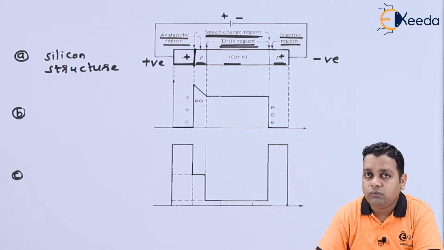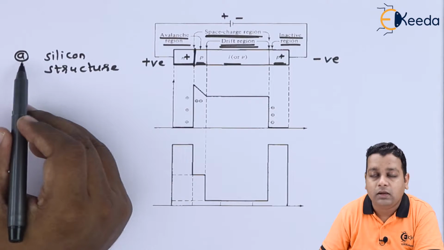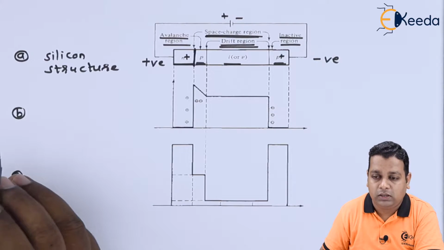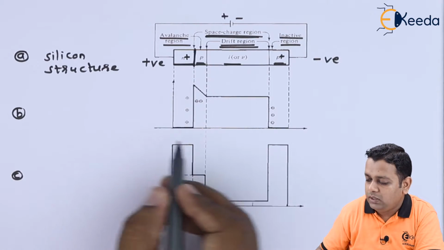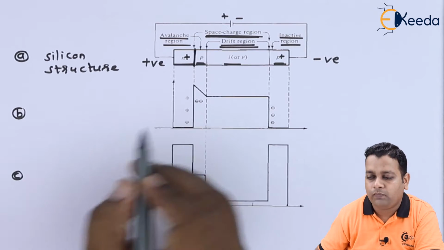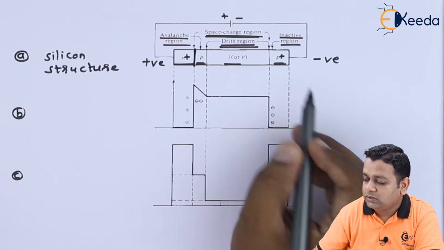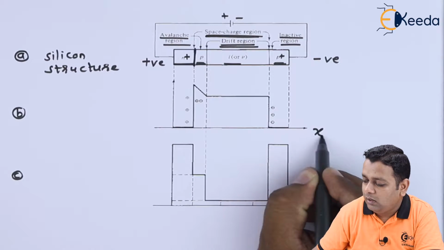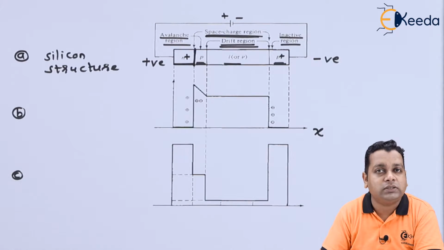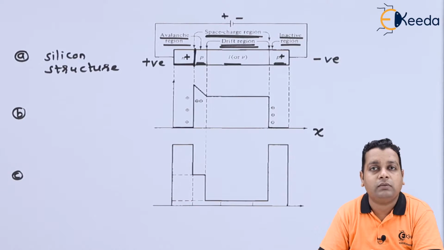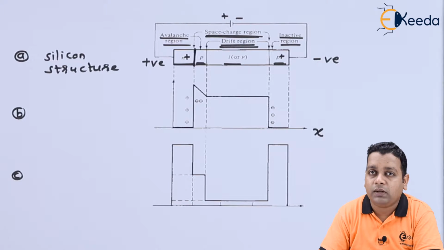Now we continue from figure part A to figure part B. In figure part B we have a graph. The graph represents, on this side, the entire length of the device substrate, denoted by the simple parameter x.